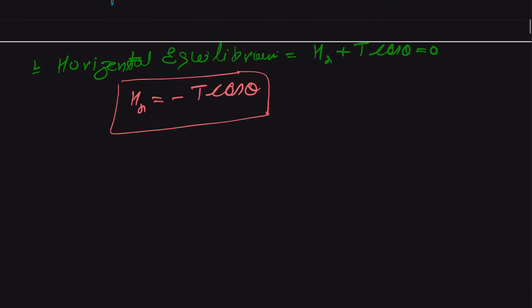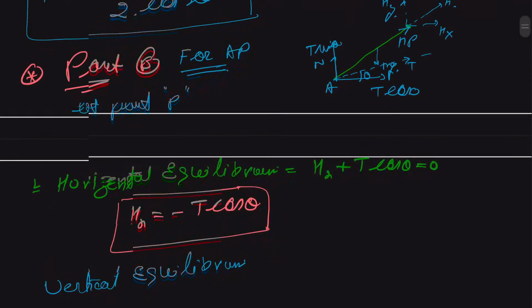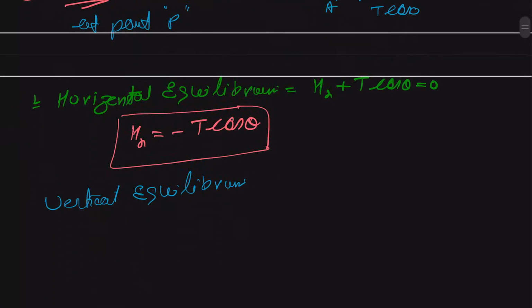And for vertical equilibrium, we can write that h of y plus n plus T sine of theta minus mg is equal to 0.